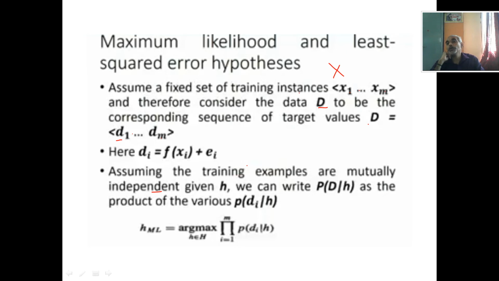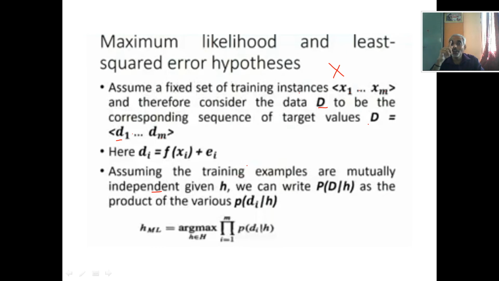The second time I toss a coin, does it depend on the previous output? Since the first time I got a head, will the second time also be a head? Does it depend? No. Again I toss a coin, I may get head or I may get tail. Does it depend on the output I got previously? No. That is why we say it is an example of mutually independent. It is not dependent, it is independent.